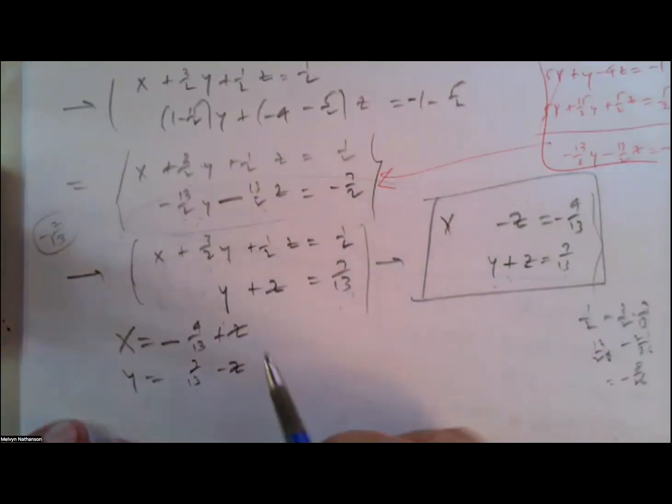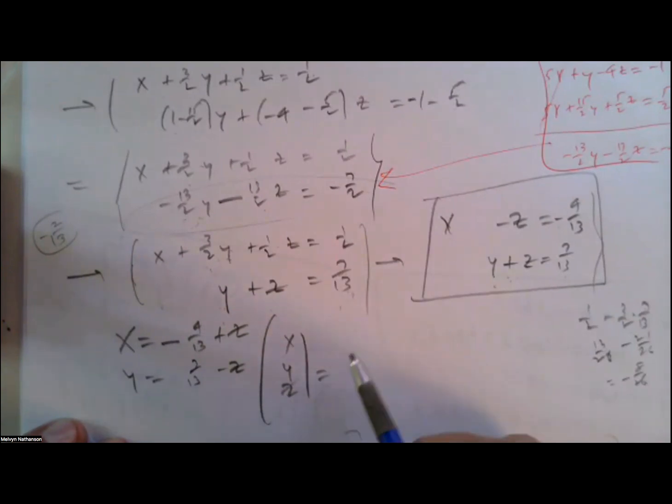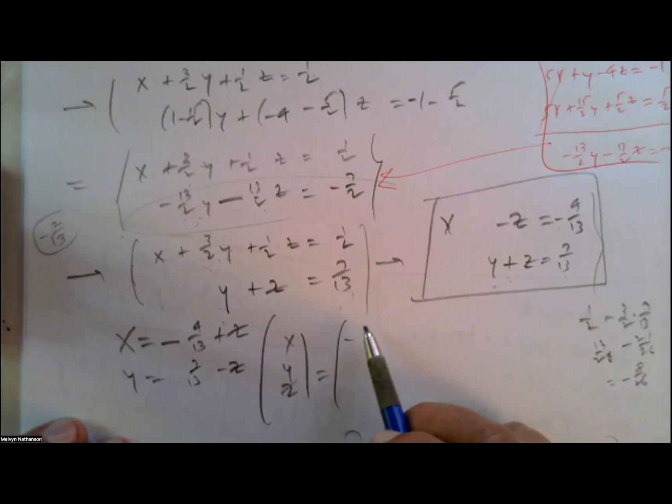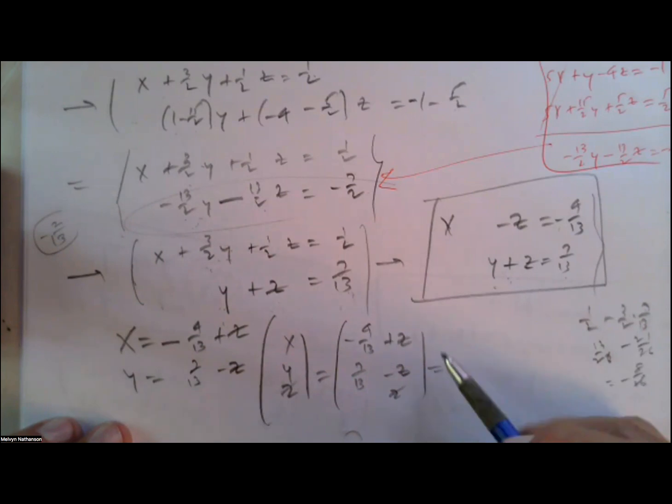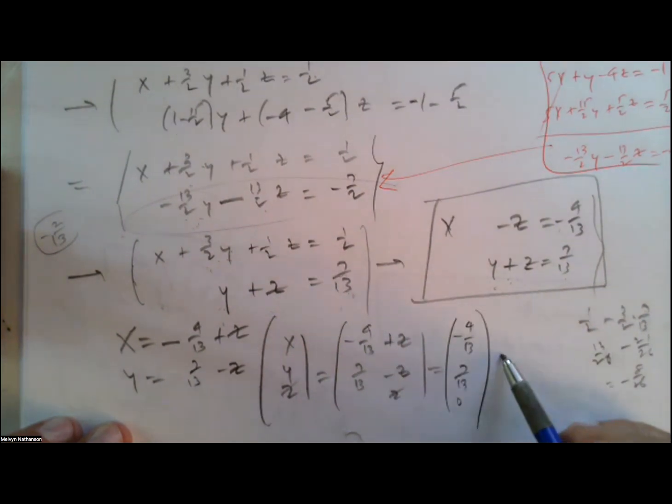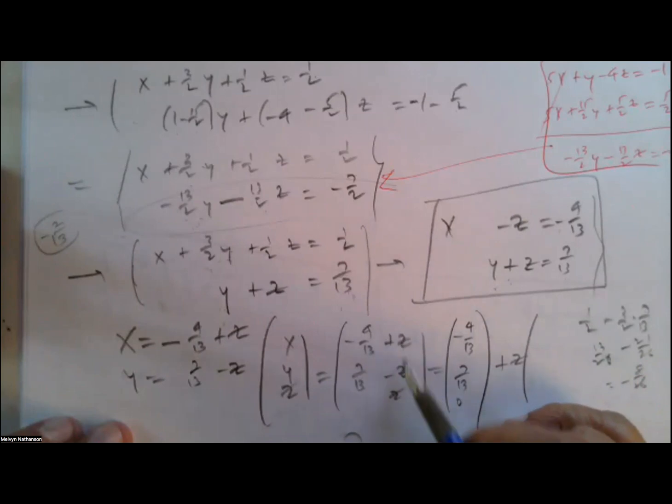So any solution x, y, z will be of the form x is minus 4/13 plus z, y is 7/13 minus z, and z is z. So this is the vector minus 4/13, 7/13, 0, plus z times the vector 1, minus 1, 1.